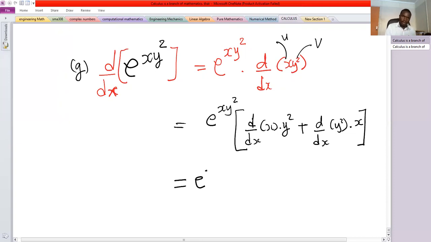So e raised to the power x y squared, d/dx of x is 1, so y squared plus, using the power rule, this will be 2y dy/dx times x. We get 2xy. Then we are attaching dy/dx because y is assumed to be a differentiable function of x.